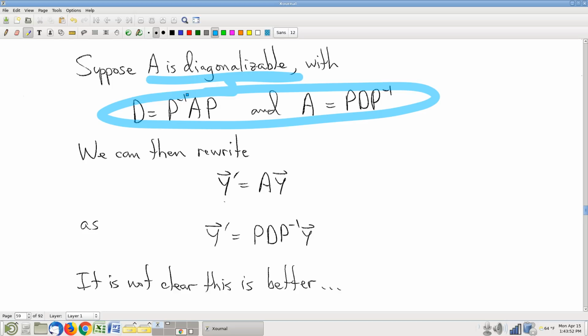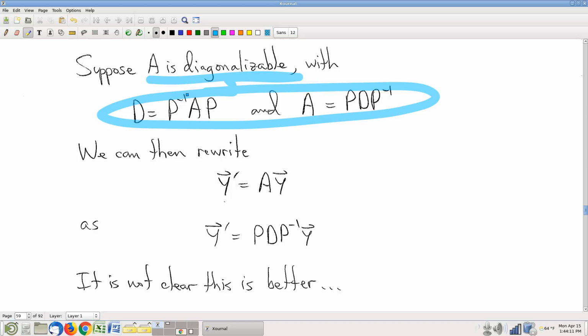A can be diagonalized by representing it with respect to a different basis, or here I'm writing it as conjugation, right? Another way to say it, a matrix is diagonalizable if there is an entire basis consisting of eigenvectors. Several different ways of saying the same thing. This is how I'm going to write it here.